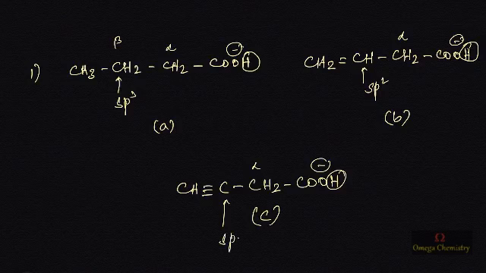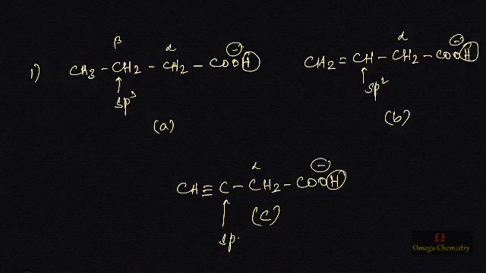Now the negative charge that is generated on oxygen should be decreased so as to increase the stability of that intermediate ion, right? So sp hybridized carbon is more electronegative. We all know that.